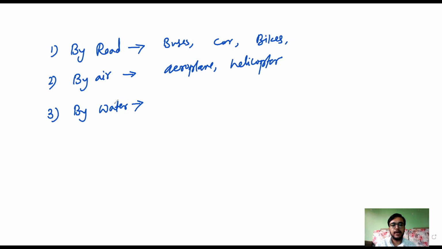And third one is by water means ships, boat. By this way we do transportation, right? We carry the people from one place to another place, and goods or objects we transport from one place to another place, right?